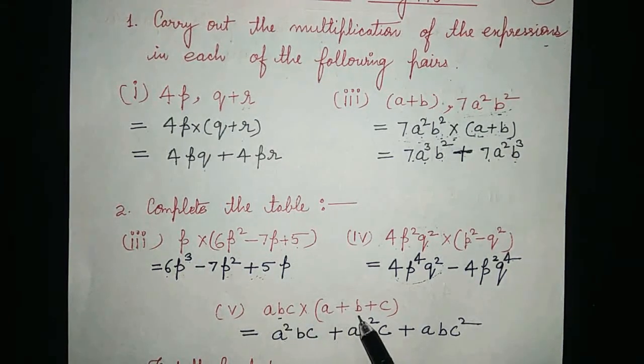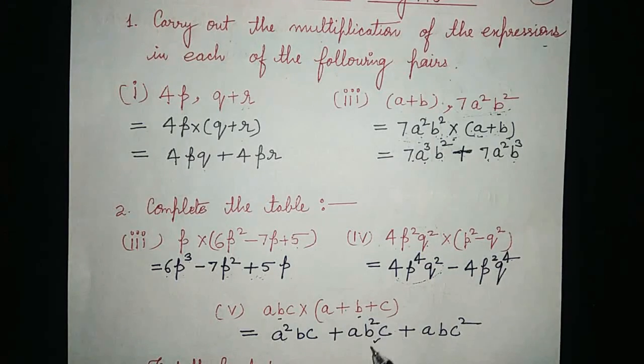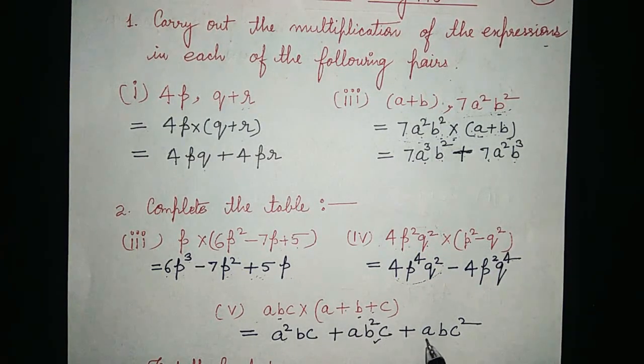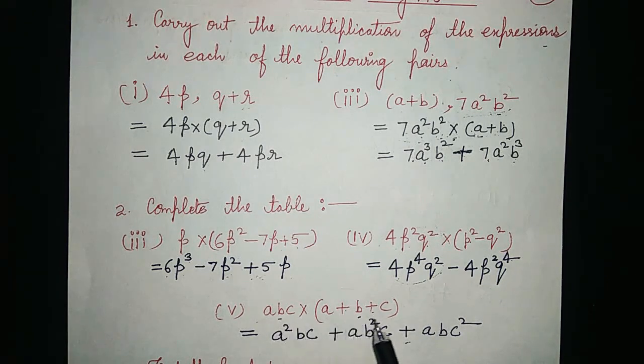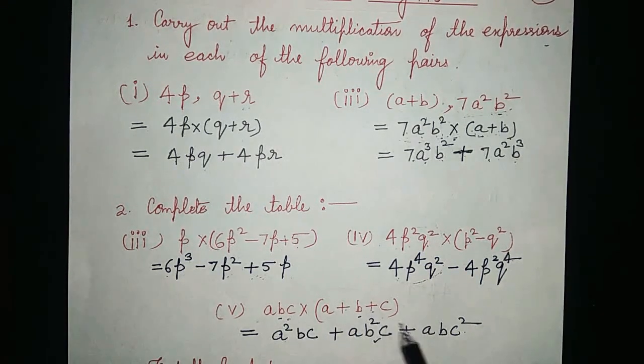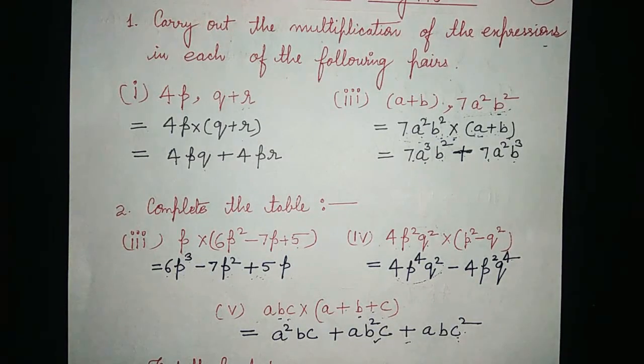A B square and this C. Now we will multiply ABC with this C. Here we will put a plus sign because of this plus and plus. If we multiply, what comes? Plus. Now ABC, after multiplication with this C, we get ABC square.